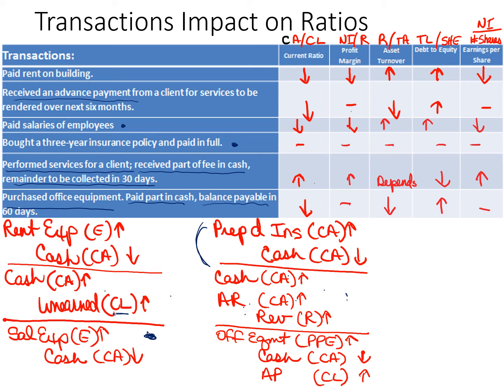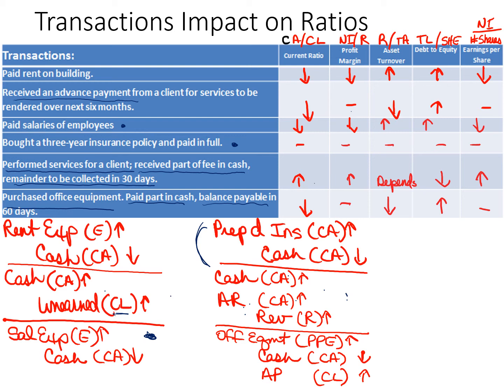Profit margin, it has no impact because I'm just dealing with current assets, property, plant, equipment, and current liabilities. Asset turnover. My total assets are going to go up, so that means my ratio, asset turnover, will go down.